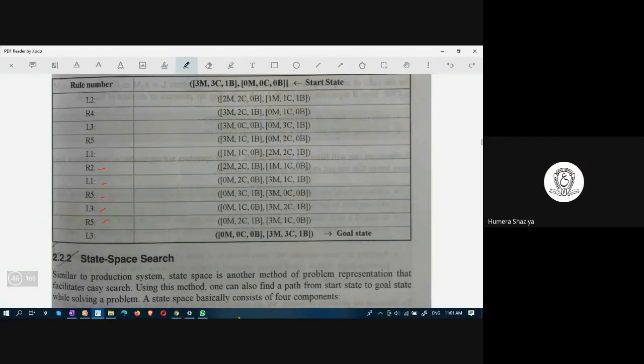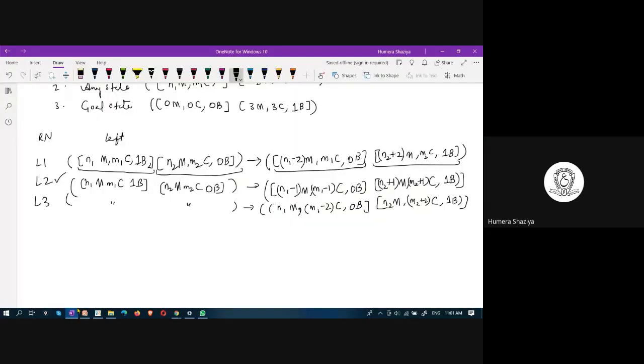This is how artificial intelligence works. Okay, today I will give you one assignment. Write a Python program to implement this water jug problem and missionaries and cannibal problem.